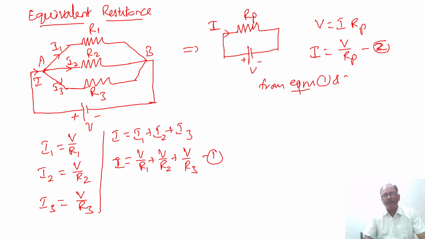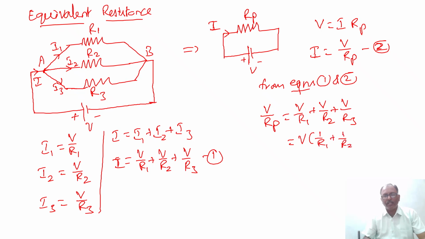and 2, we will have V by Rp equal to V by R1 plus V by R2 plus V by R3. Taking V common, 1 by R1 plus 1 by R2 plus 1 by R3.